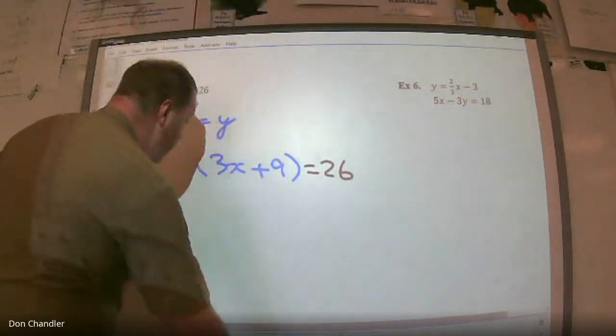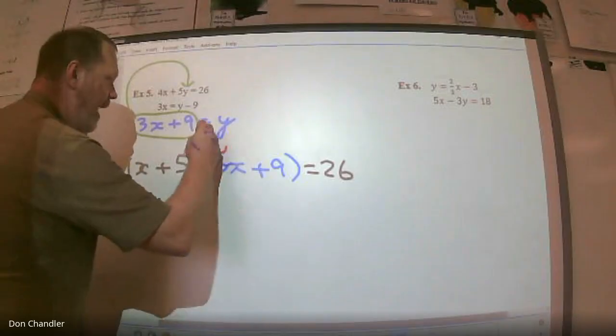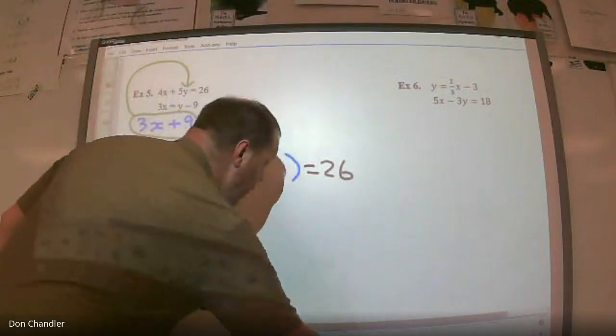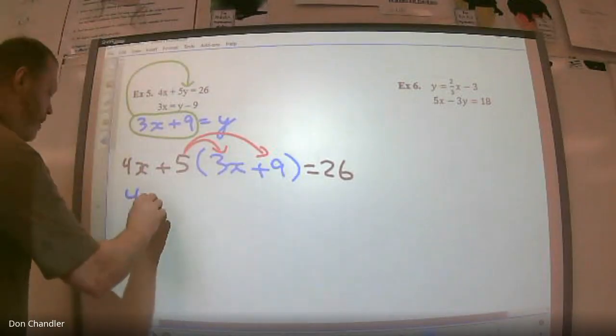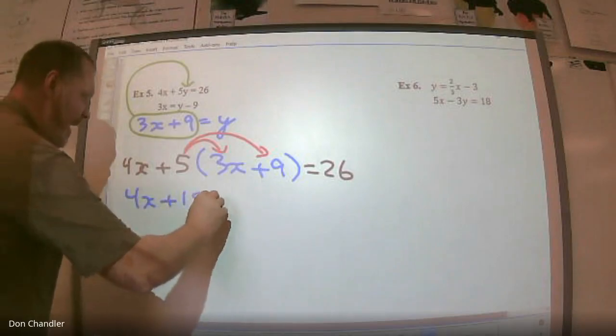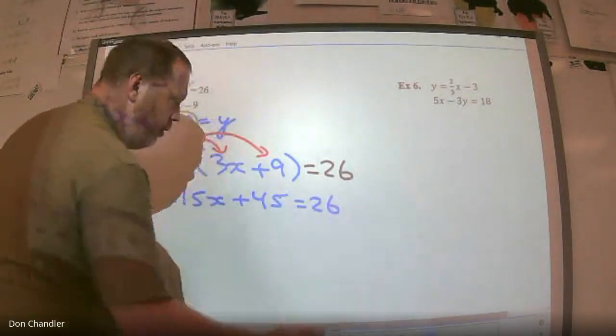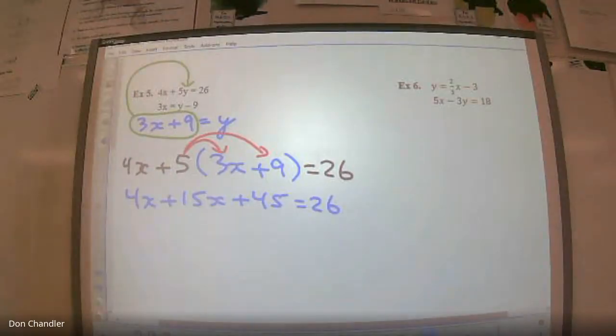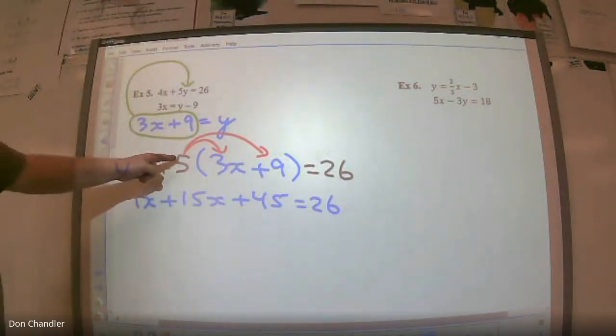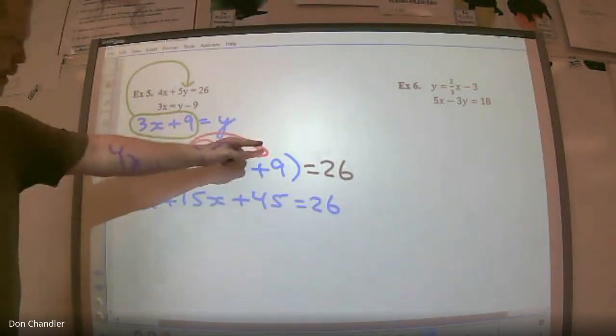All right, here I go. Fire the 5 into the bracket, and I think I have 4x plus 15x plus 45 is equal to 26. All I did, fire the 5 into the bracket.